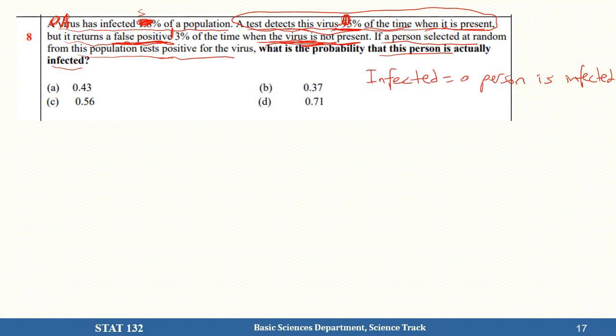And I will use P for tested positive, the event that the person tested positive.